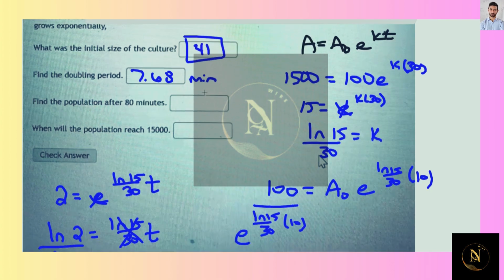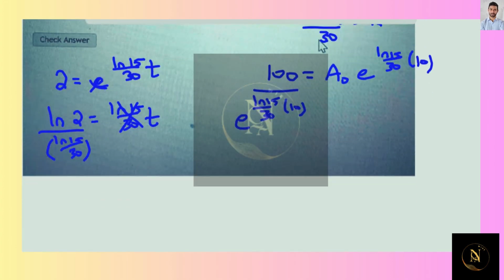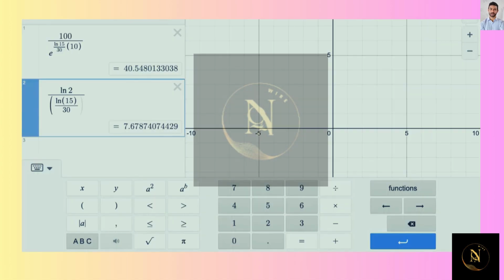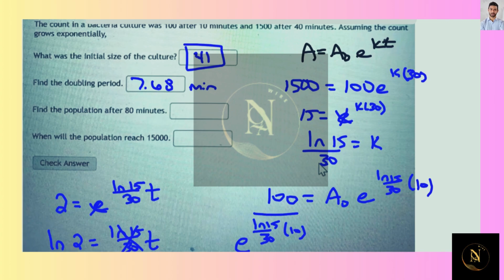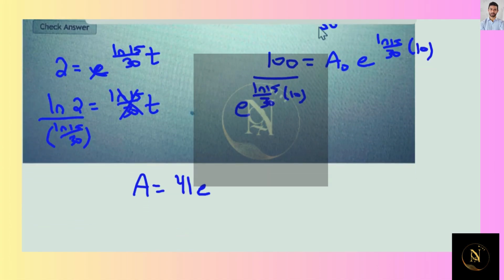We want to find the population after 80 minutes. Then that would be, again, I'm going to round to the nearest count, so it'd be 41 times e to the natural log of 15 over 30 times 80 for 80 minutes.